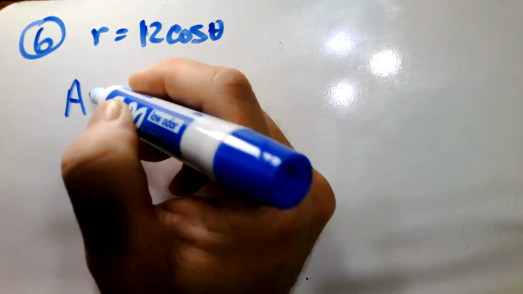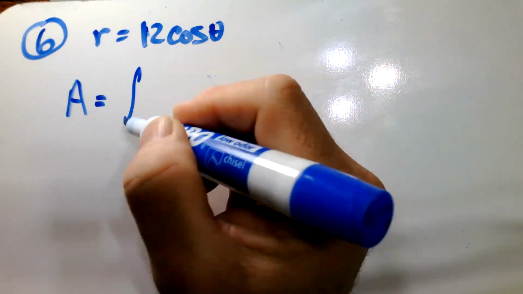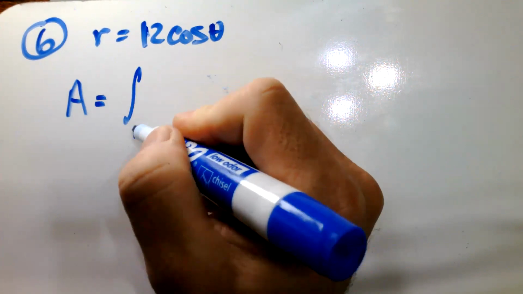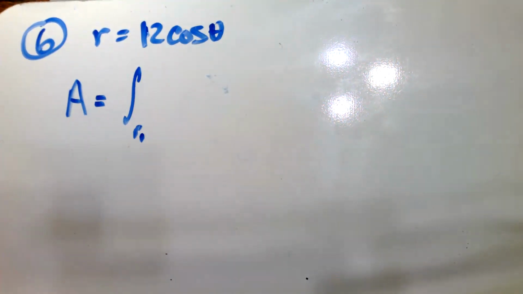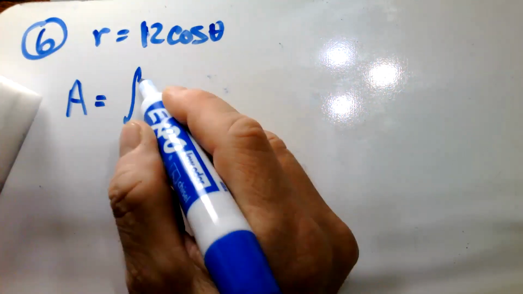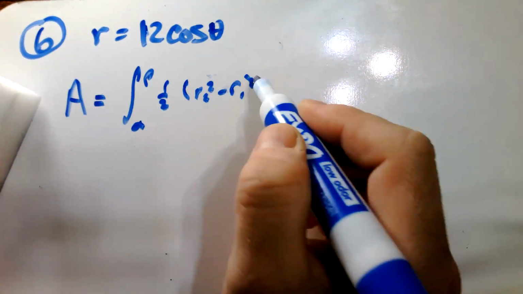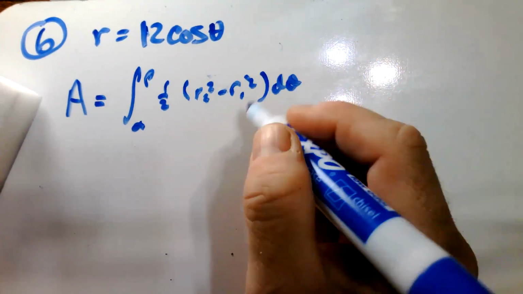Okay. So we have area is equal to the integral. And we saw from the notes previously, alpha and beta, and then this is 1/2 R2 squared minus R1 squared d theta.